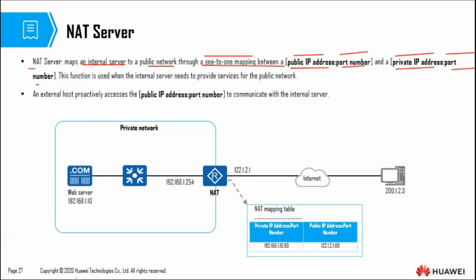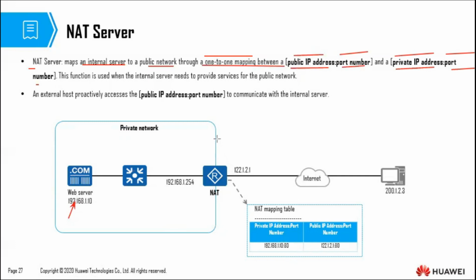So what do we mean? For web servers, we know that HTTP is used by web servers to transmit web pages over the internet. HTTP uses the TCP well-known port 80. So when you want to access anything, you have to come in with port 80.